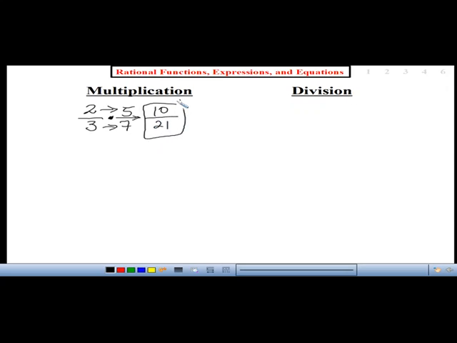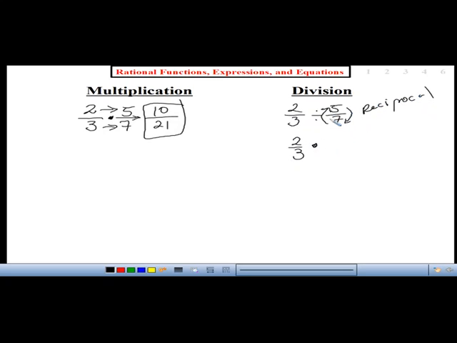The other process that we're going to do today is division. Here it goes. 2/3 divided by 5 over 7. And the process goes as follows. Some of you were taught keep, change, flip, something like that, right? And what did I tell you when you got to my class? I said, no, multiply the first fraction times the reciprocal of the second.